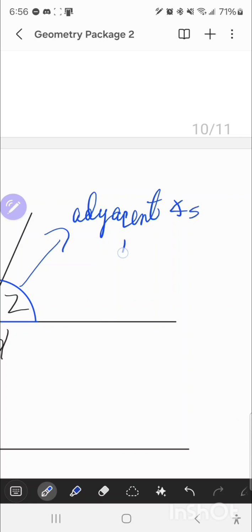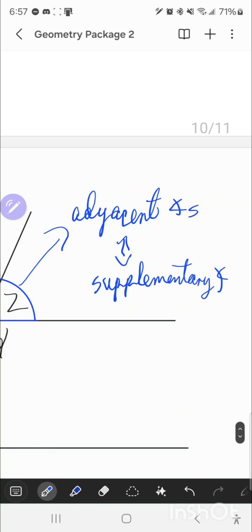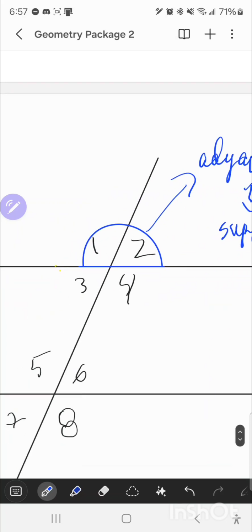So that's basically a name. But you can also call them supplementary angles, as you might have heard before. And they basically add up to 180 degrees. So every time you see a semicircle, they add up to 180 degrees because they are adjacent angles or supplementary.